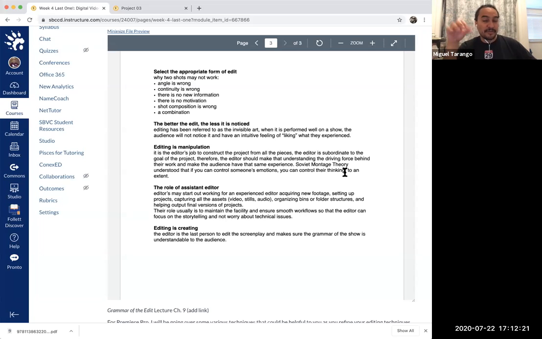So keep in mind, this is about making a lot of money. The bigger the show, the more feedback you're going to get back as an editor. If this is your project with your funding or your grant, then you won't have as much pushback in terms of your editing decisions.